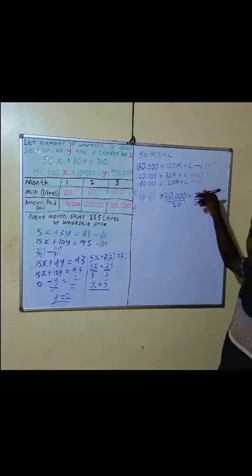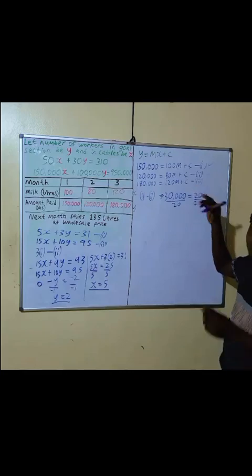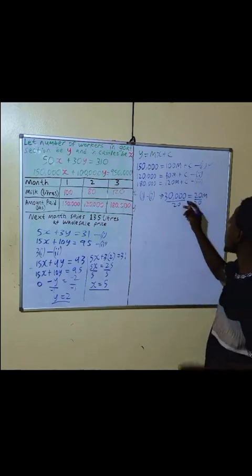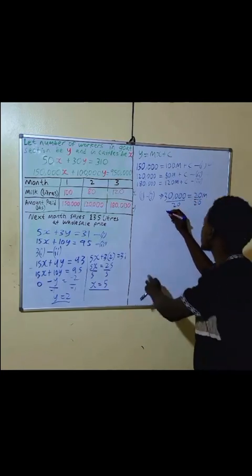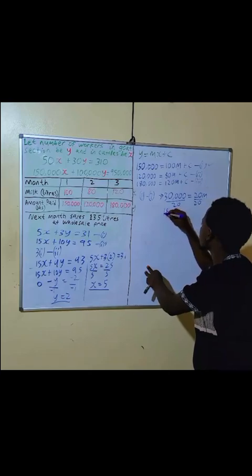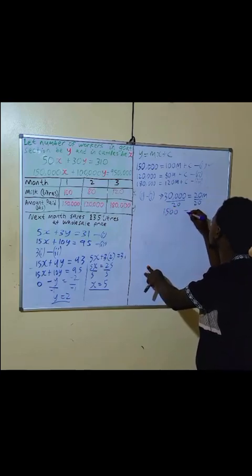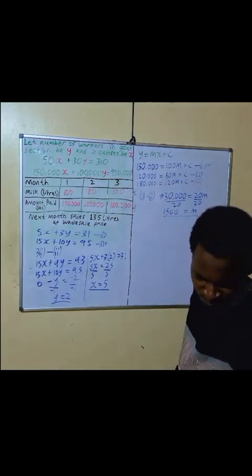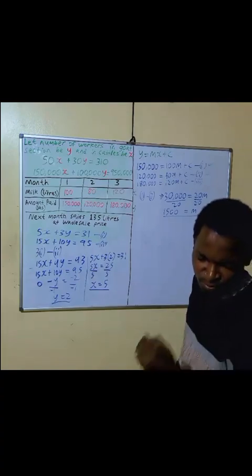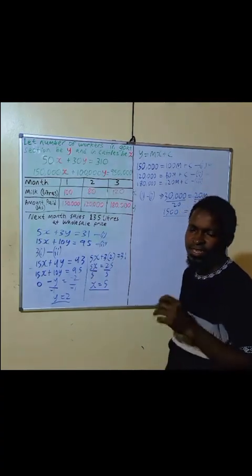But during exams, this cancelling is not allowed, so be smart in your work. If I divide 30,000 by 20, I get 1,500 equals m.